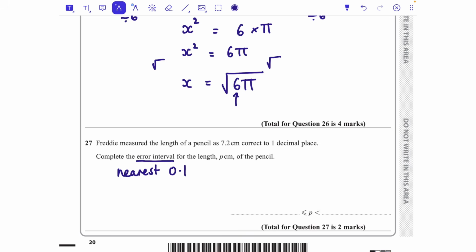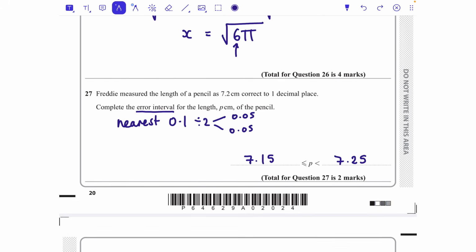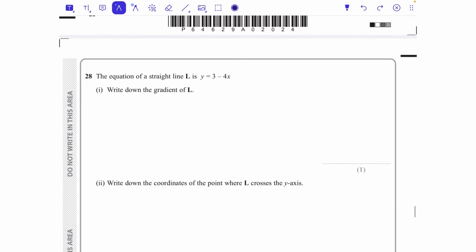If he's rounded to the nearest 0.1, we're going to divide that by 2, and half goes above and half goes below. So the upper bound would be 7.25 and the lower bound would be 7.15. That's the biggest and the smallest it could have been. Now, if it actually equaled 7.25, it would have rounded up, which is why at that top end, it looks like that. So that's the biggest and the smallest it could have been for the error bound.